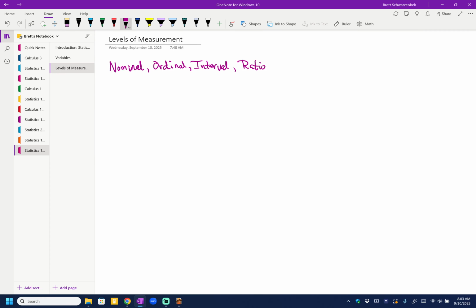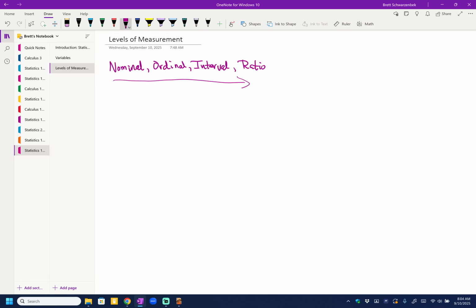As the data moves this way, in terms of these 4 levels of measurement, we have more statistical procedures at our disposal in order to analyze the data, which is why it's good to know what level of measurement the data is.